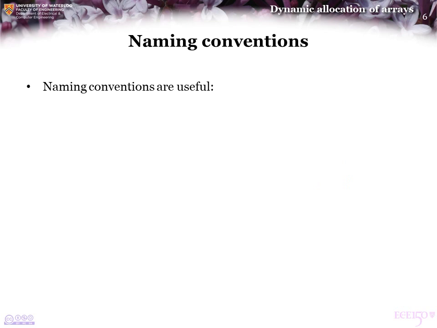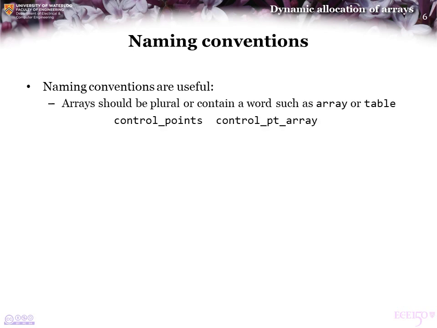Now, once again, naming conventions are useful. Previously, a local variable would be given an appropriate, usually singular name, as it's storing an object of a specific type. And if it is a local variable or parameter that is a pointer, we may prefix that identifier with a p underscore.